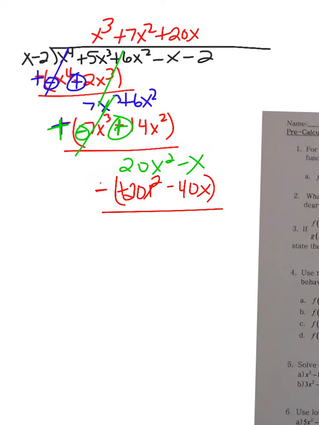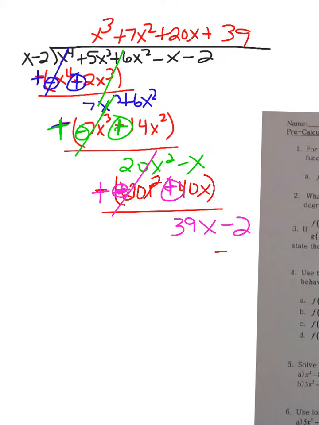So we subtract and we get plus, minus, plus. So 20x squared and 20x squared, they cancel. So I have negative x plus 40x is 39x. Bring down the negative 2. And then we have x times 39 gives me 39x.